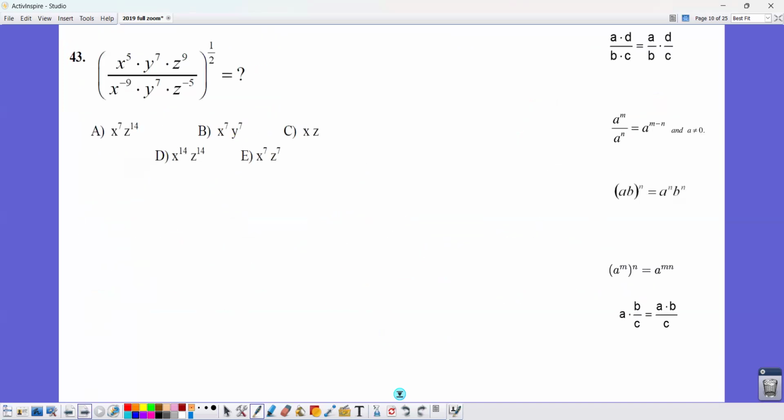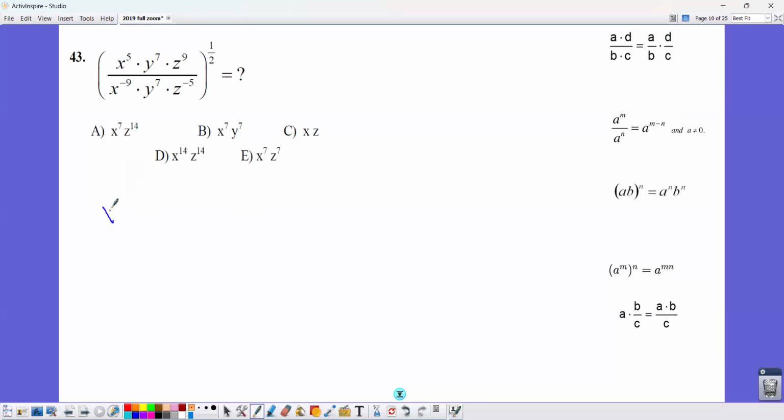Now, when we are coming to this question, you have your exponents. We need to remember the properties about exponents. First, I will use this property. If you have the same base, a to the power of m over a to the power of n, you can subtract the powers. So here, as you see, because they all have multiplication between them, I can write them inside of the brackets.